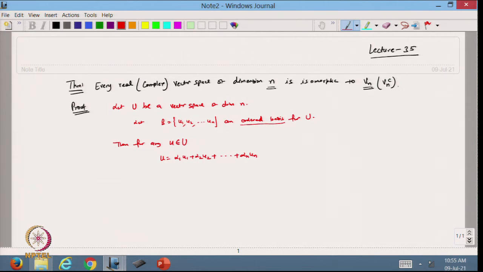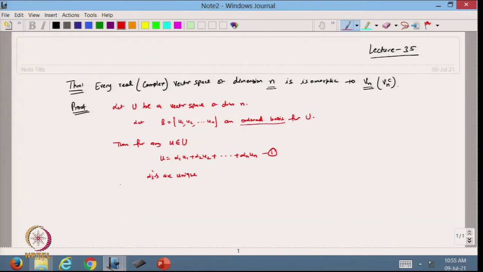So I can define my element u as this linear combination, and I call this equation number 1. I can also say that the alpha i's are unique, because this is the basis, so they are uniquely determined.